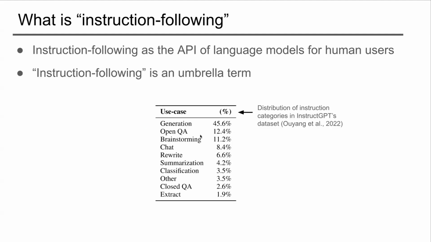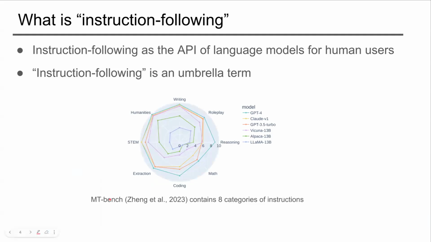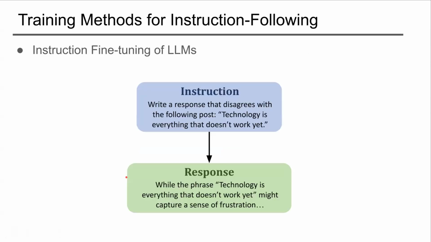Instruction following is an umbrella term that includes many different tasks, for example generation, open domain QA, chat, writing, summarization, and so on. The benchmarks people use to evaluate instruction following include many different tasks, including reasoning, math, coding, writing, etc.